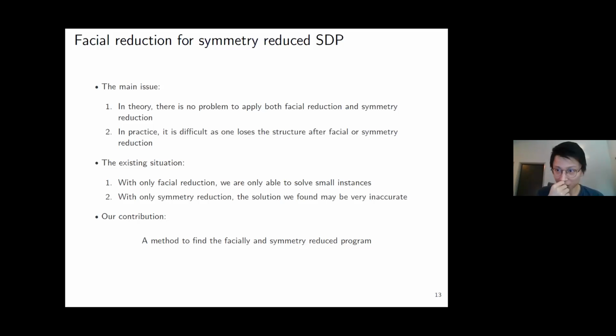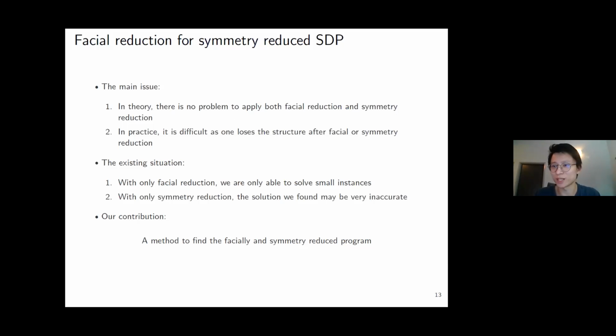So what is the main problem here? We have introduced the techniques facial reduction and symmetry reduction. Actually, in theory, there is no problem to apply both. Those two theories are just independent theories, and in theory, it works for any SDP relaxation.